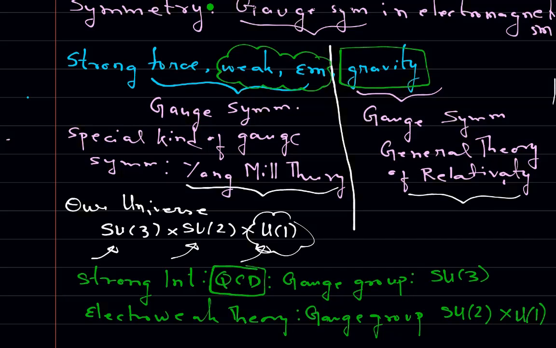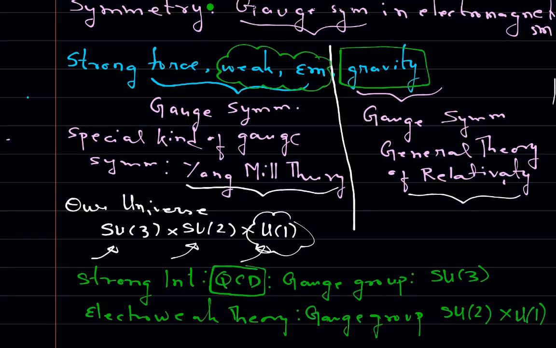The strong, weak, and electromagnetic forces together make up the standard model of particle physics. Whenever we talk about the standard model, we talk about symmetries, and when we talk about symmetries, we talk about groups, like SU2, SU3, U1, etc. Our main target in this lecture series is to understand these terms.